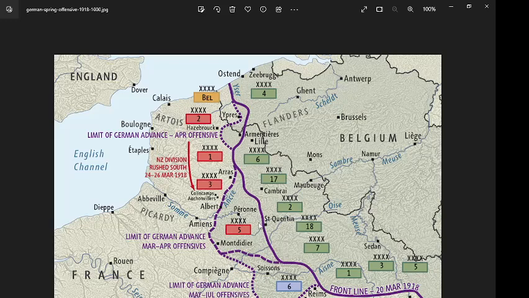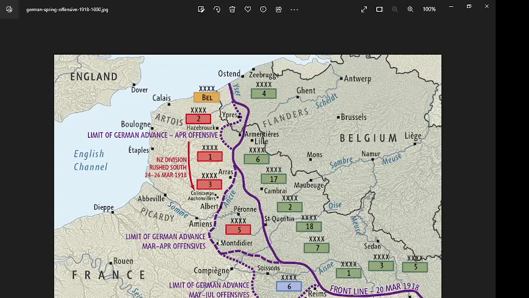So the places that matter the least are defended the least effectively, whereas the places that matter the most are obviously going to have better defenses set in place. But the Germans are very effective, and they push back, obviously, right up to the gates of Amiens, basically.